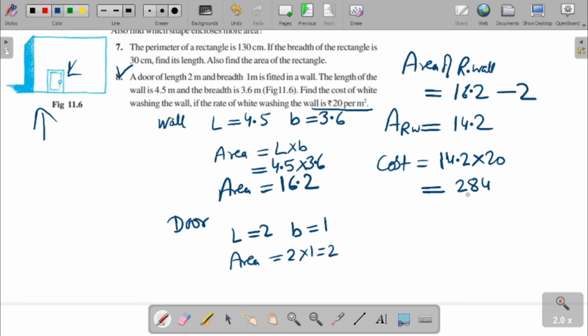So it will come 284 rupees. Okay, so this is all about question number 8. So the cost of whitewashing the wall is rupees 284. Okay, so this is all about this exercise. So we end here only.